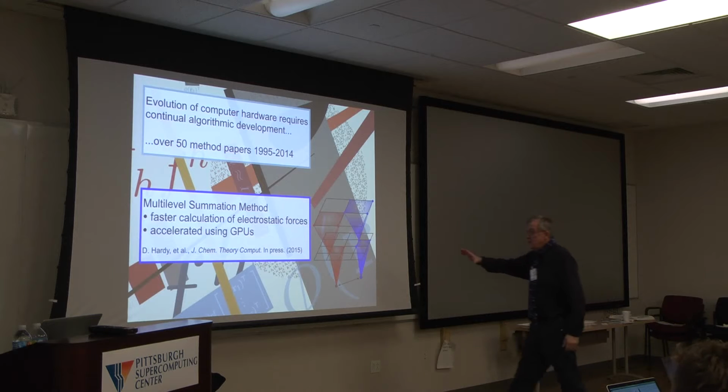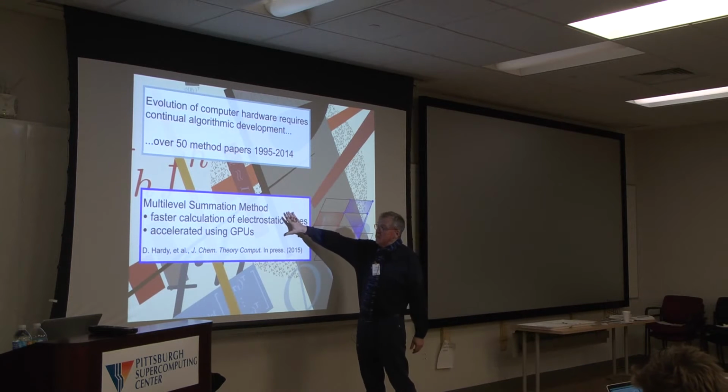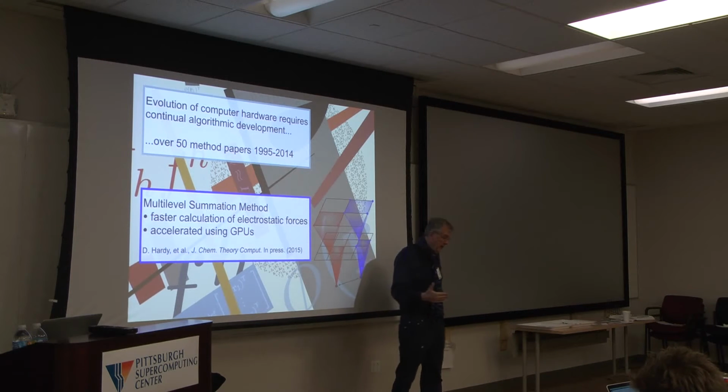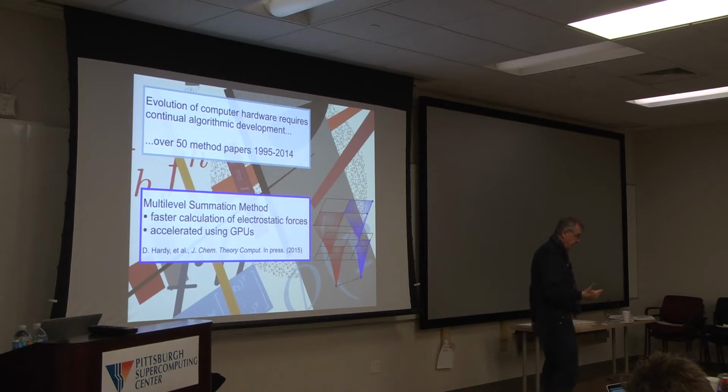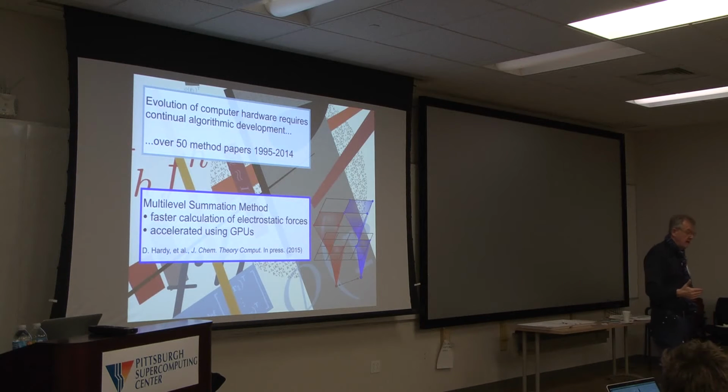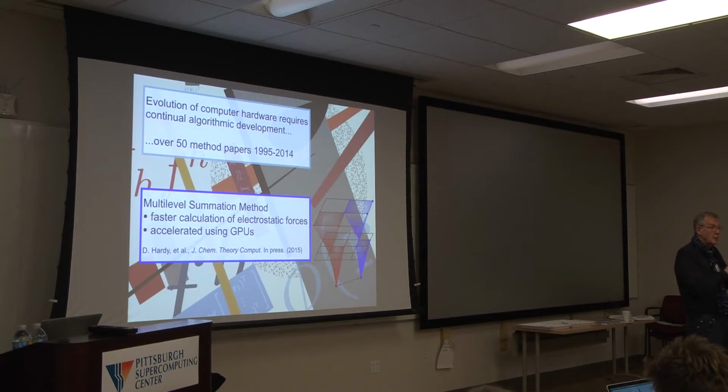Our last revolution is the multi-level summation method that basically tries to be better than fast Fourier transformation. Fast Fourier transformation, you heard it many times. The most polished and developed algorithm you find, but it doesn't run well on parallel computers.